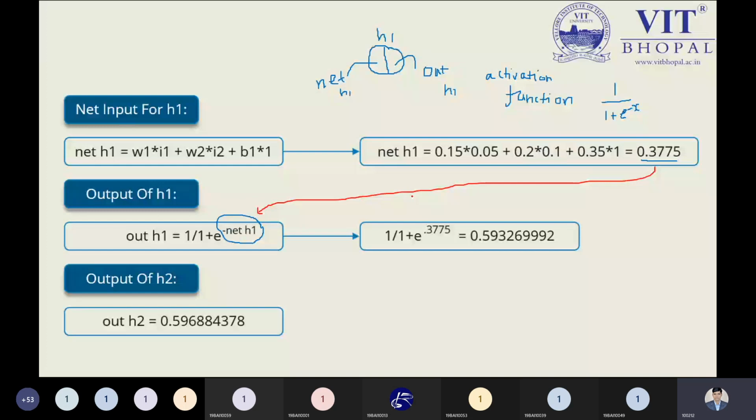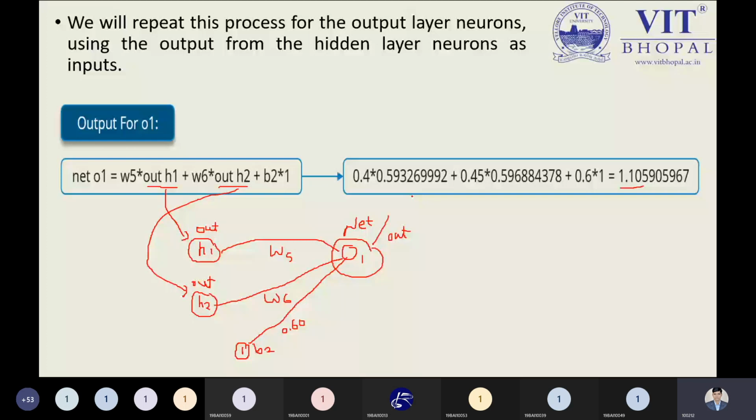You can use only two or three decimals. Done, sir? Okay, and note down the values of out O1. This is the out O1 value. Note it down.